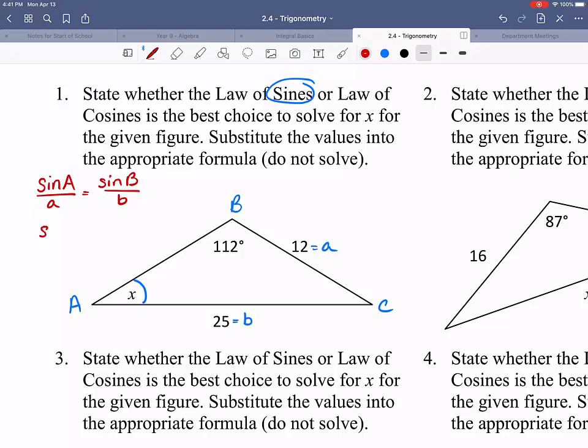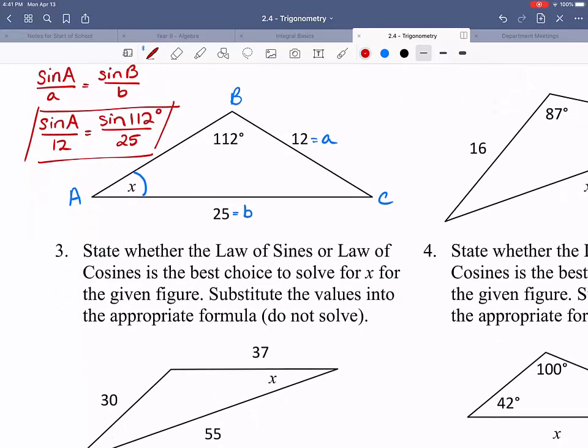Sine of angle A over side A, 12, equals sine of angle B, 112, over side B, 25. And there's my answer. That's what I want. Okay?